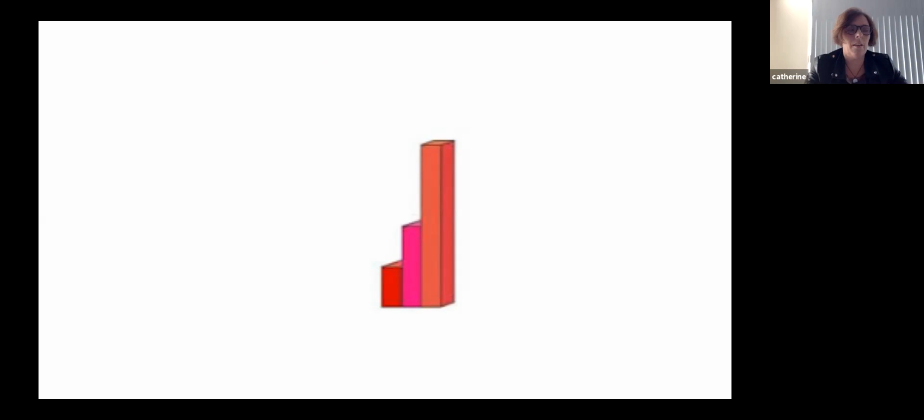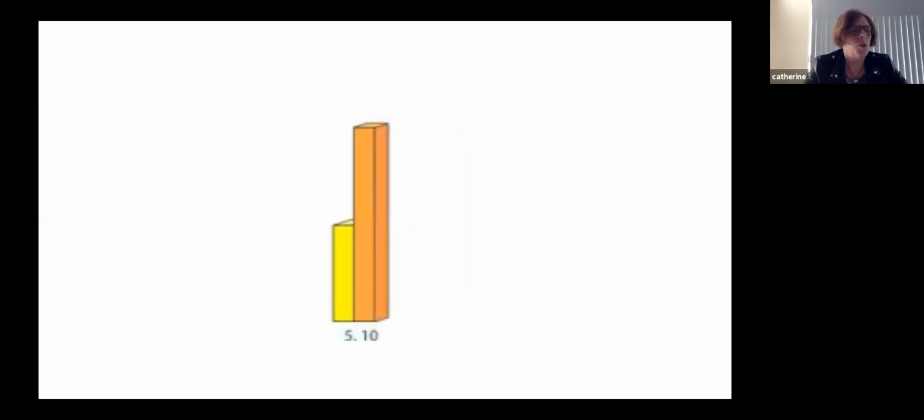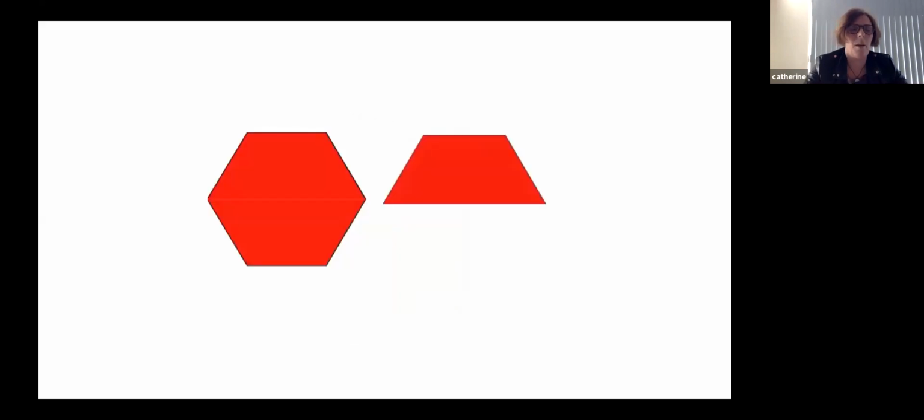Which one is shorter? Which one has more? Can we find out how much more? What would we use to find that out? Value the discussion about relationships without number, and the children will start talking about number.